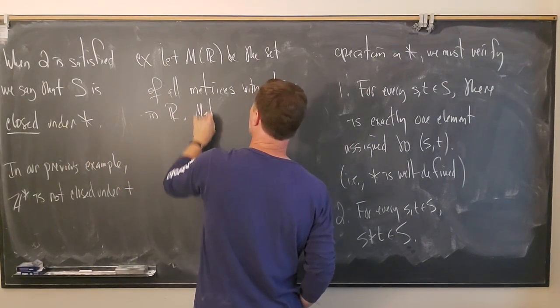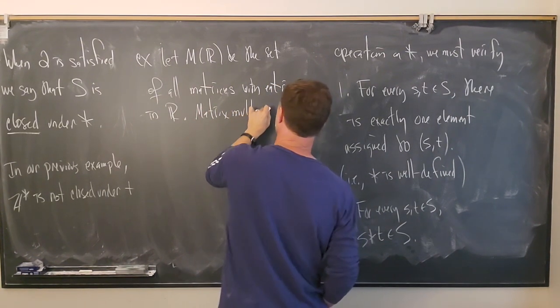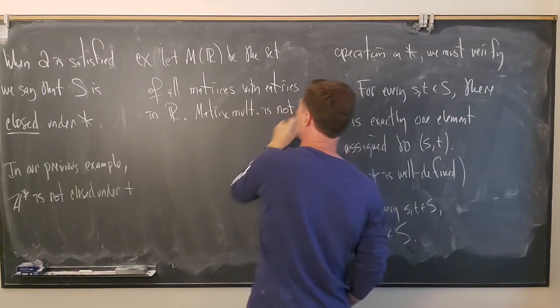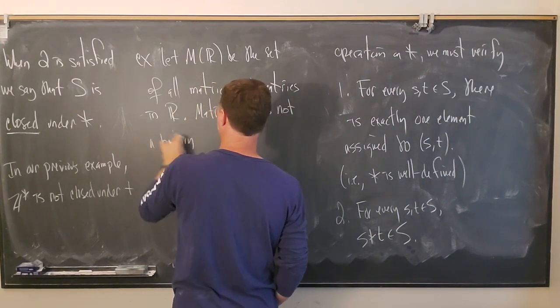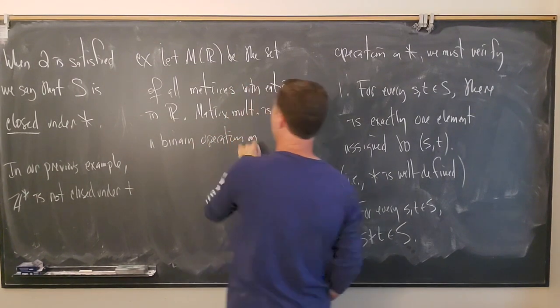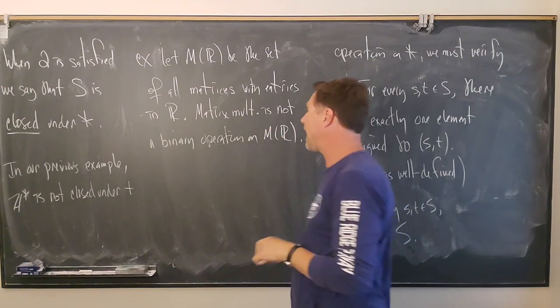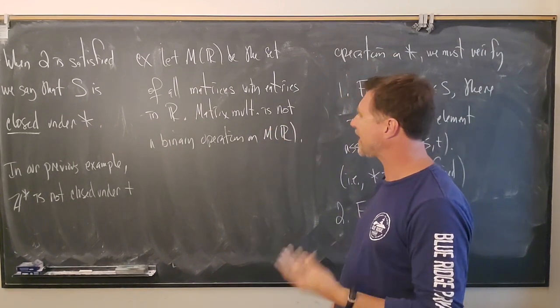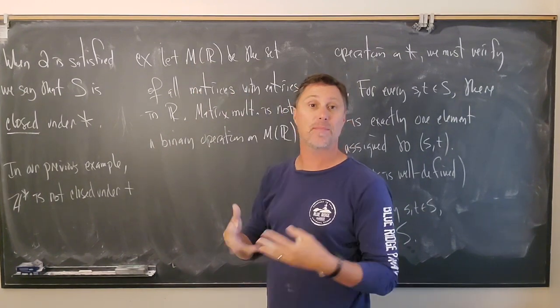Matrix multiplication is not a binary operation on M of R. Why is that? Well, because you can't take every pair of elements from here and multiply them together. They've got to have dimensions that work out.